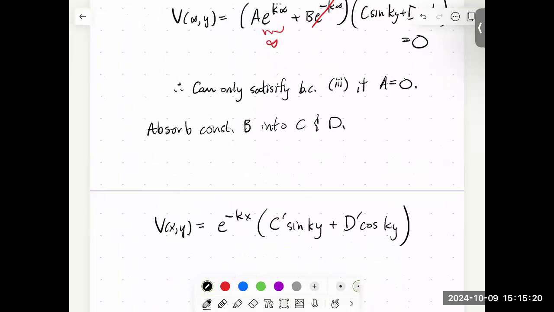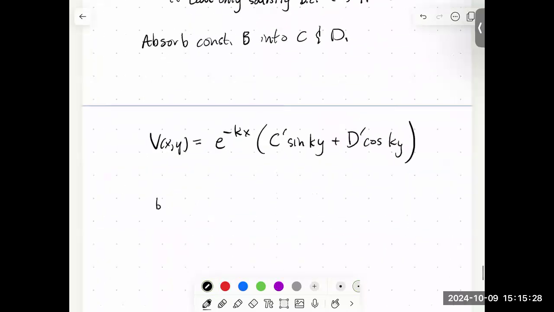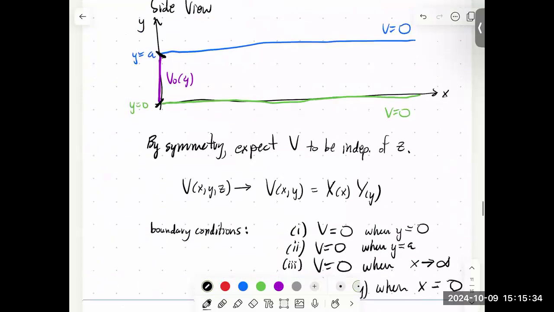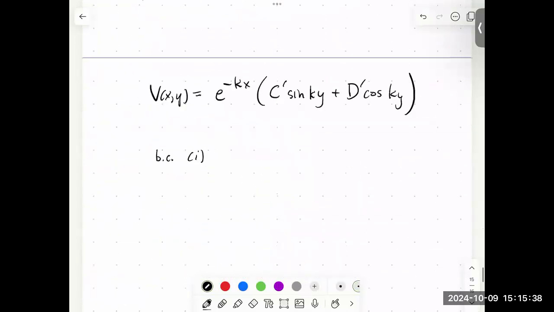All right. Let me just do a couple more here. We'll do some easy ones. So boundary condition 1 was, well, let's look at it. I think it's probably v equals 0 when y equals 0. Okay, that's good.